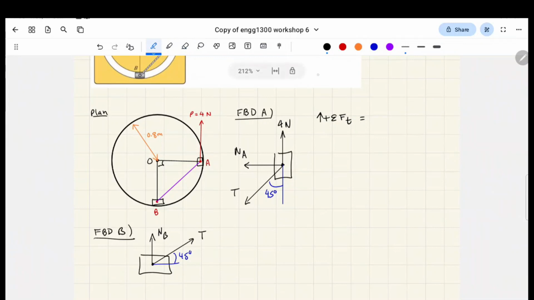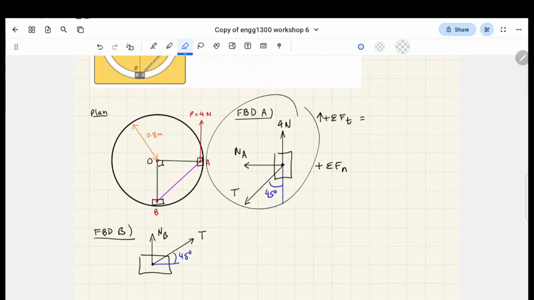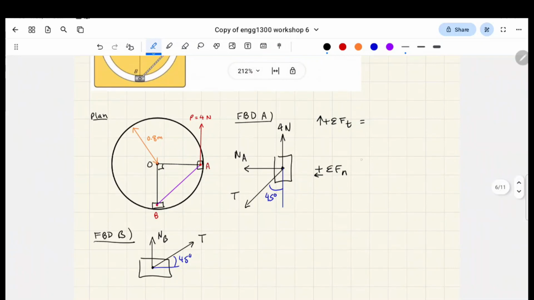This looks normal because with static equilibrium we've been taking the sum of forces in the up direction and the right direction. But when taking the sum of the forces in the normal direction for this particular case, you're actually going to want to point the positive direction towards the direction of acceleration, which is centripetal acceleration, so in towards a circle.